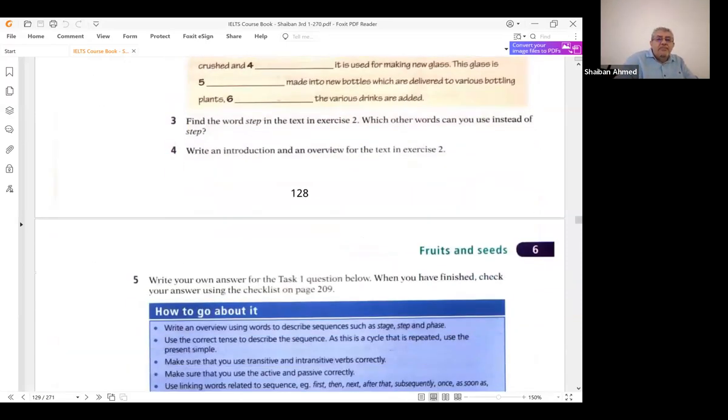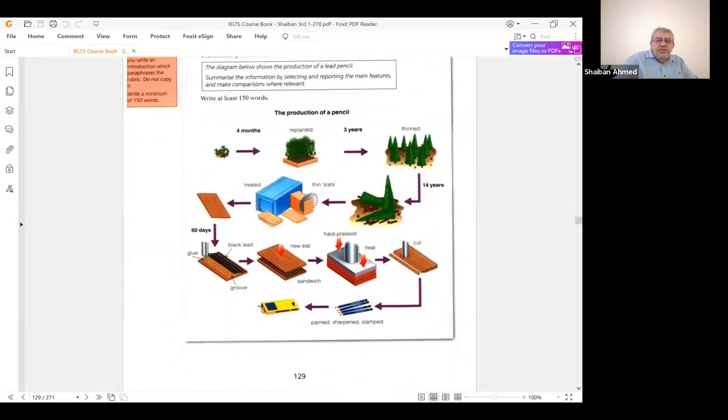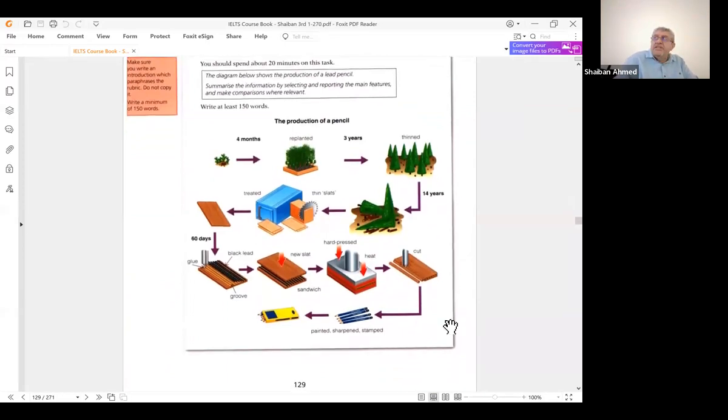Your homework is this page, page 129, everybody. 129. The pencil. Some people say the pencil factory.